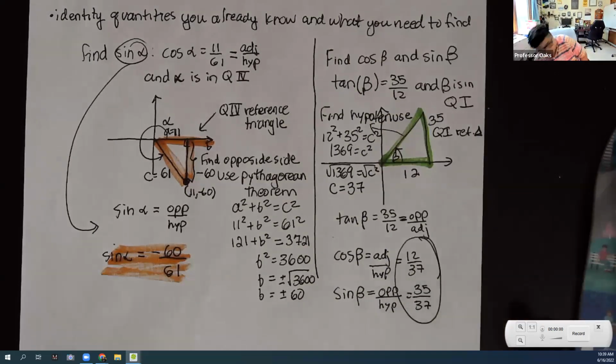So do you have any questions or anything you want to go back to or ask about this? It is what it is. Once you break it down, I hope it doesn't seem too bad.